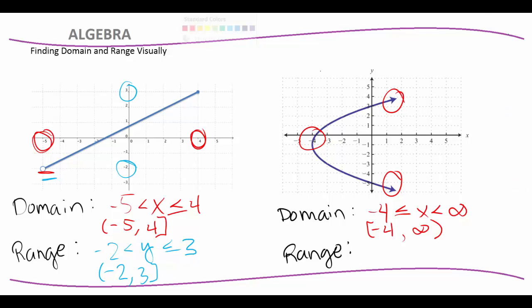Let's look at the range real fast for this one. And what is the lowermost y value? So we have this arrow, so it just keeps going on and on and on until -infinity, which is less than y. And what about our uppermost y value?